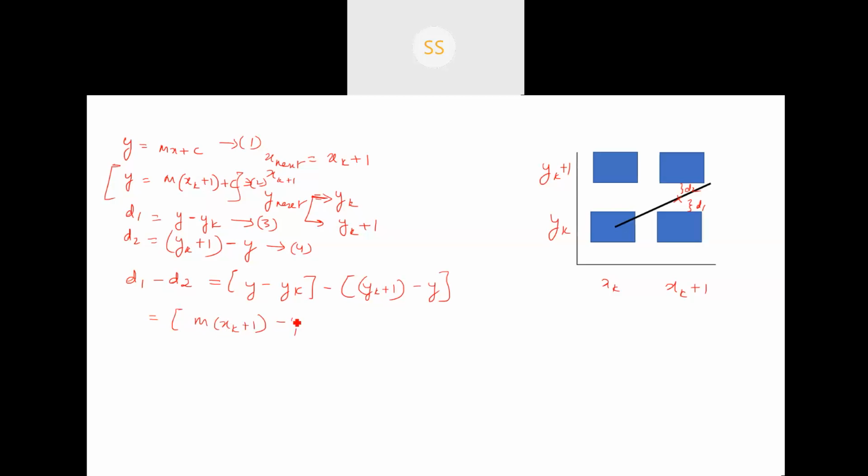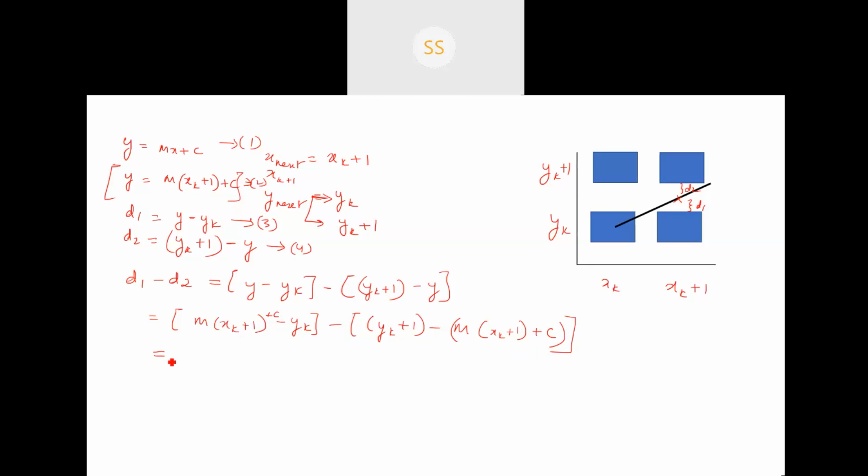Minus yk, that was in my d1, and in my d2 I'll not make any changes to yk plus 1 minus this y. What is y? Y is actually equal to m of xk plus 1 plus c, isn't it? So I get it like this.